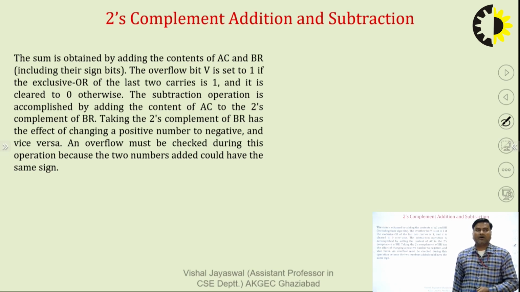The subtraction operation is accomplished by adding the content of AC to the 2's complement of BR. Taking the 2's complement of BR has the effect of changing a positive number to negative and vice versa, and overflow must be checked during this operation because the two numbers added could have the same sign.